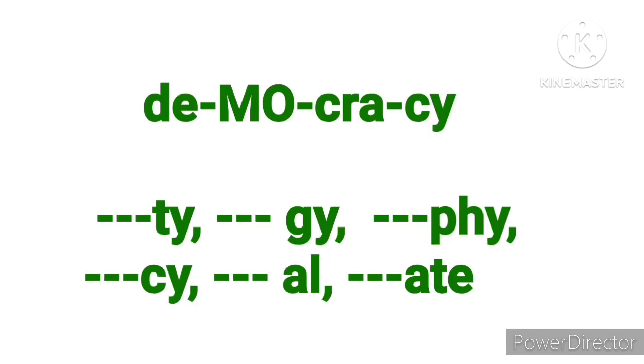Democracy. 4 syllables, 4 units of sound. Now, where should you place the stress? You should place the stress on the third syllable from the end of the word. And the third syllable from the end of the word is mo. Democracy. And this applies to every word that ends in ty, gy, phy, cy, al, and ate.